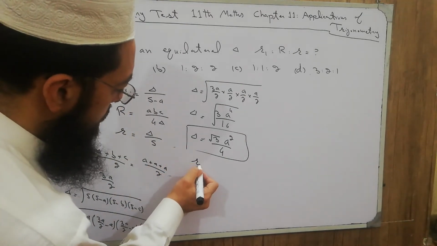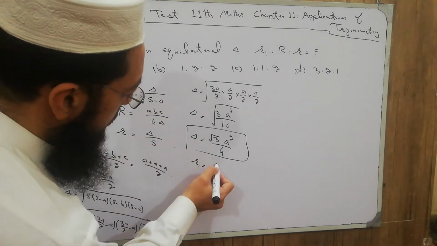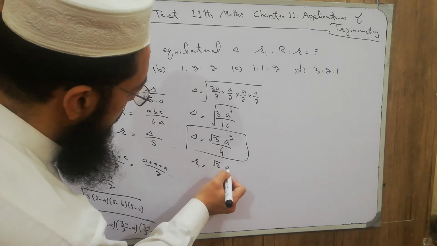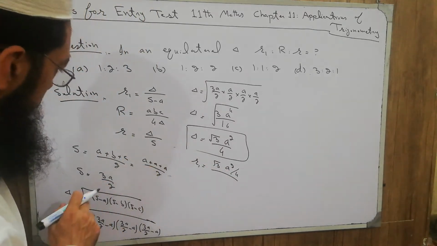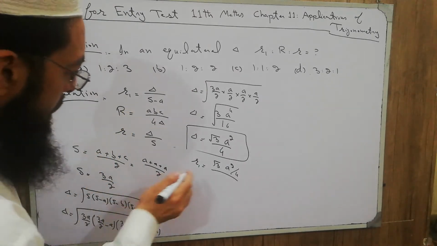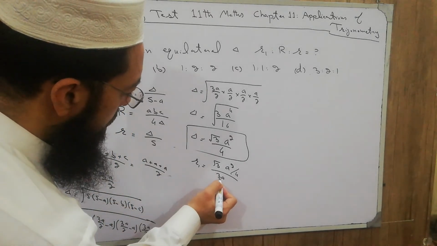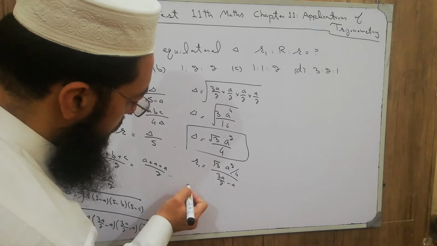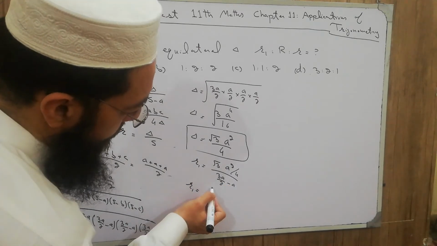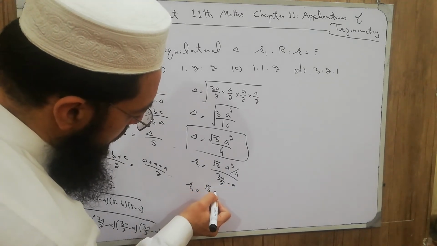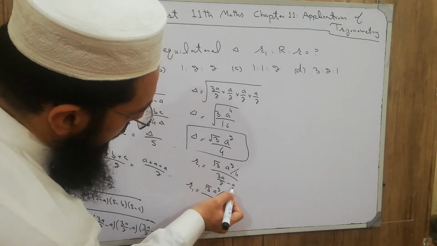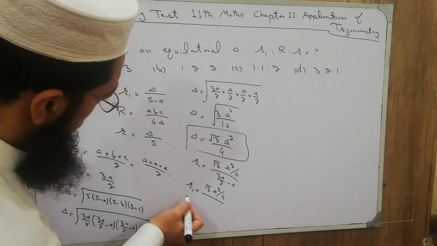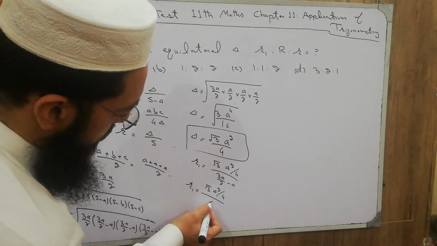So, r1 is equal to area divided by S minus A. The area is the square root of 3 A square divided by 4, and S is equal to 3A by 2, minus A, which is equal to A by 2.